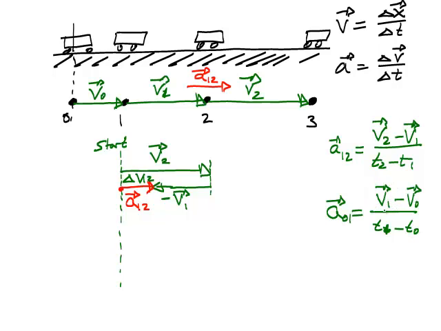The first one that happens is v1, so I'm going to draw v1, which is approximately this long. And then I want to subtract v naught. So v naught is pointing to the right, so I need to draw an arrow to the left. And it's about this long. Actually, it's a little too long. Let me shorten that. There we go. Negative v naught because it's pointing to the left.